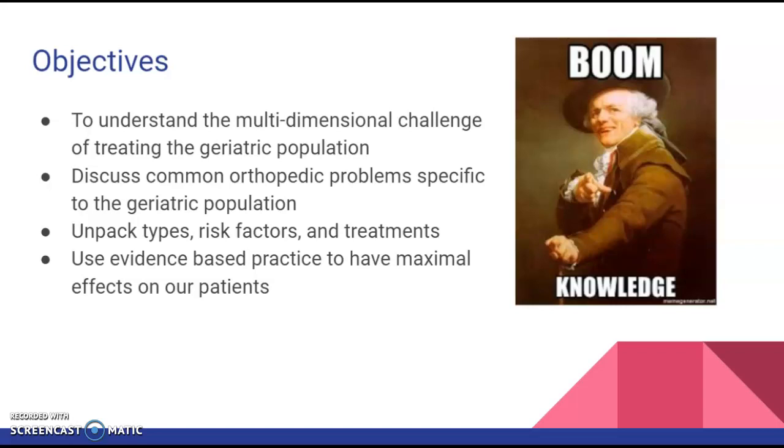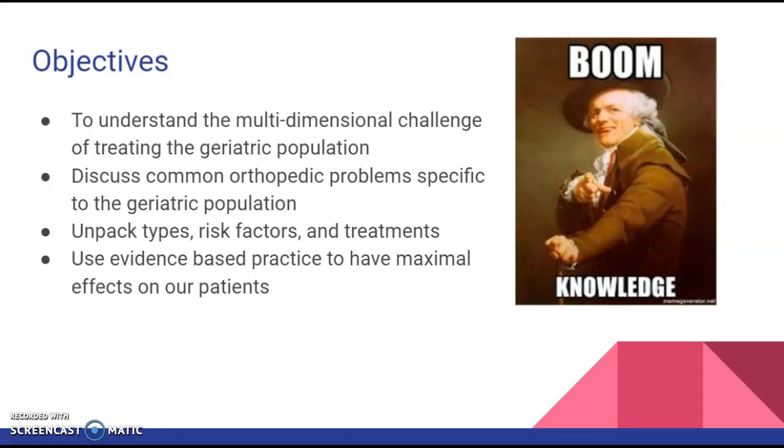Second objective is to discuss common orthopedic problems specific to this population. So these are shoulder pain, knee pain, low back pain, hip fractures, and then joint replacements for those joints that it's common in.